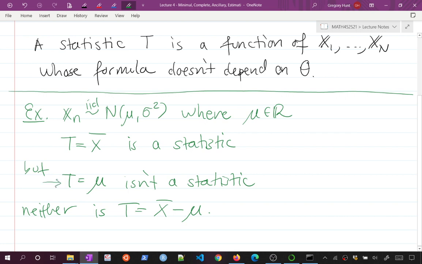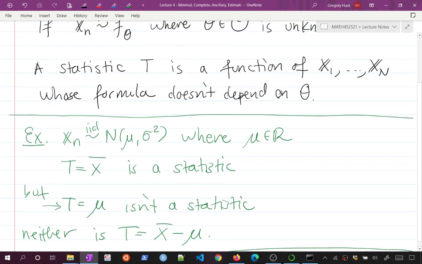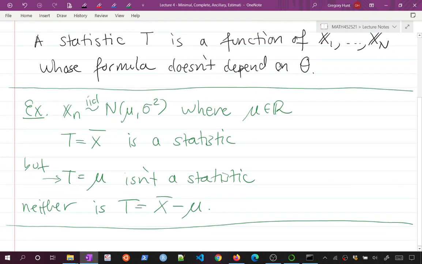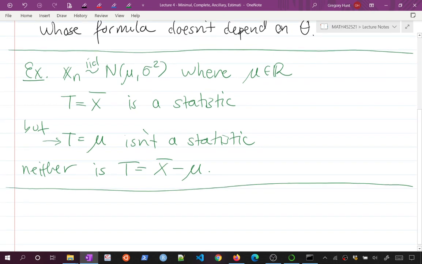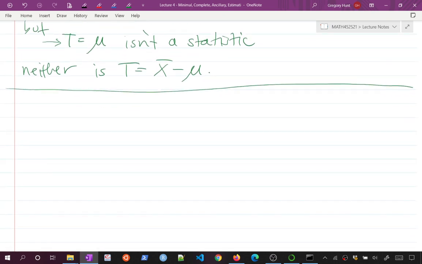So we're going to ban statistics from having the unknown parameters as part of their formula. Okay, so that's just a little update on our definition of a statistic. It probably doesn't change much because no one had thought of doing that, since it's a silly thing to do. It comes in handy for the next thing we want to talk about.